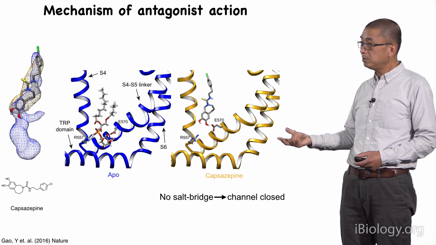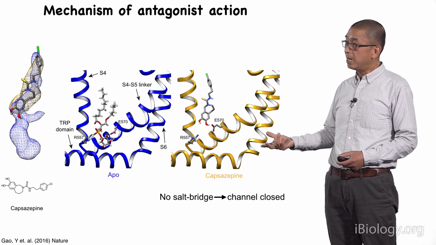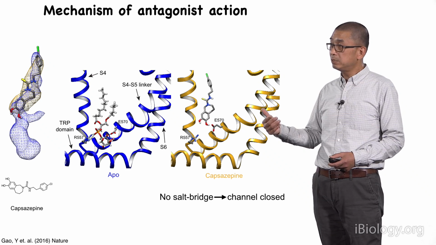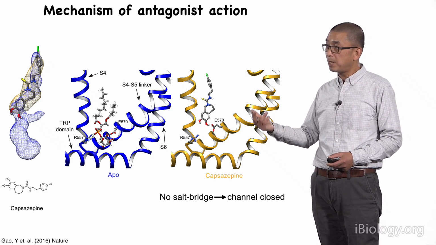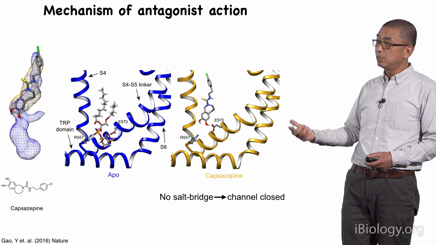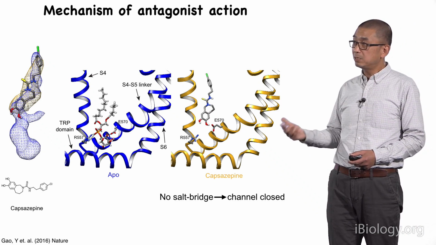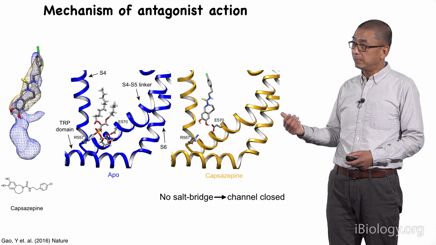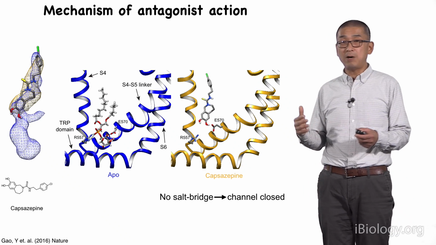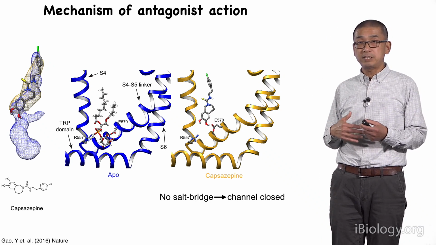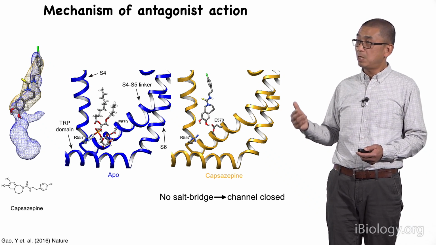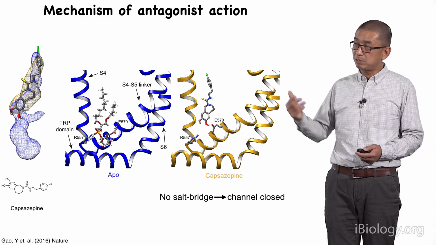However, this binding does not induce any conformation change in the channel, suggesting that the antagonist binding probably stabilizes the channel in a closed conformation, and providing the mechanism of how the antagonist is working. So this gave us further, more detailed mechanistic information about how agonists and antagonists act on the channel.